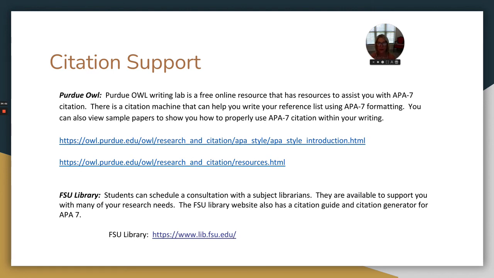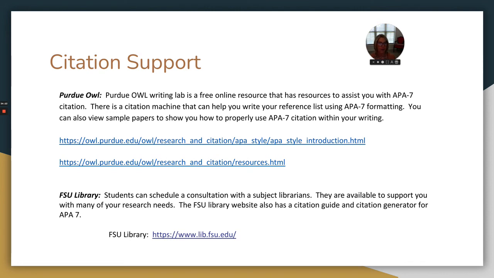Through the FSU library, you can schedule a consultation with the subject librarian. They were extremely helpful for the prelim paper that I just finished writing this summer. They were able to help me even with using Zotero to load a lot of the articles I needed for my paper.